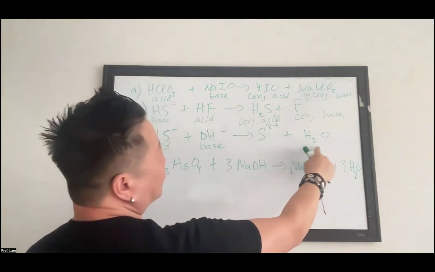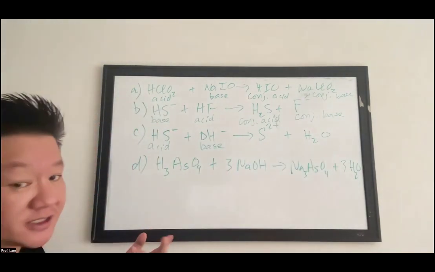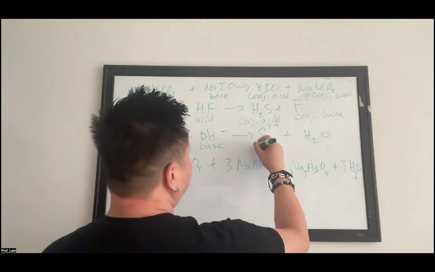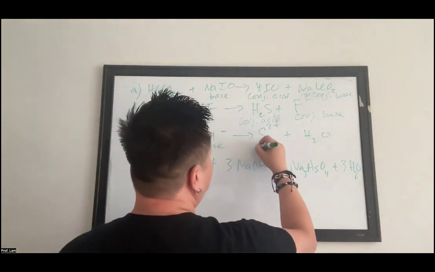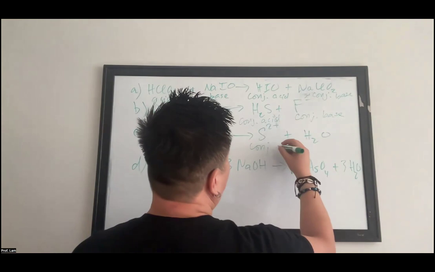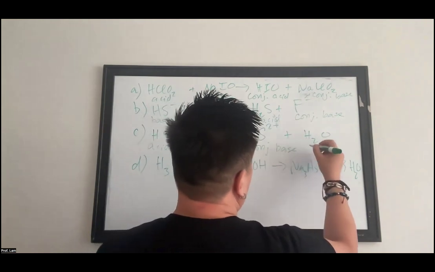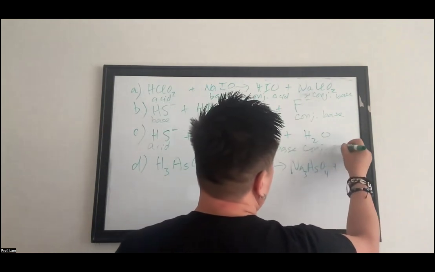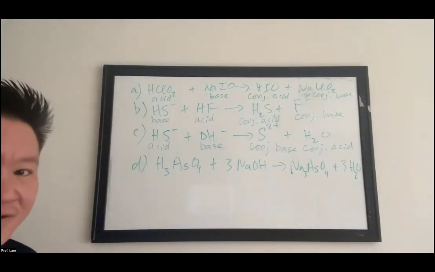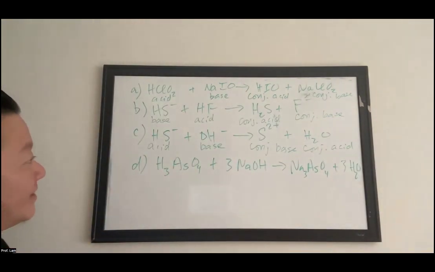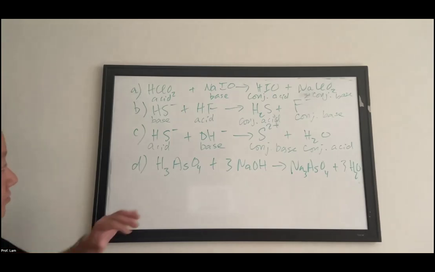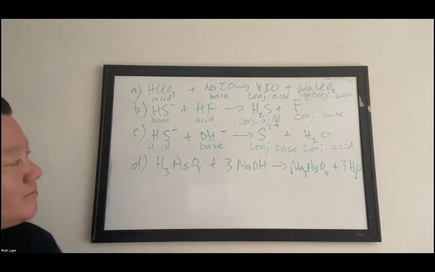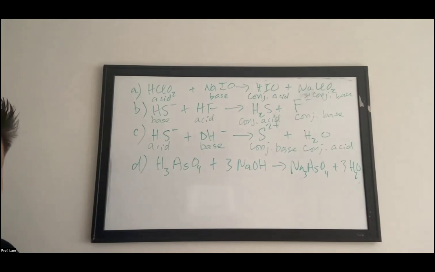And it's the water that's losing the proton to become hydroxide. So that means going backwards, S2 minus is the conjugate base, while water is the conjugate acid. Okay. So that's what you should be able to do, is to label acid and base and then label the conjugate acid and the conjugate base.